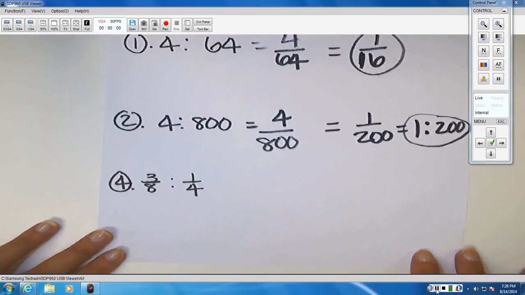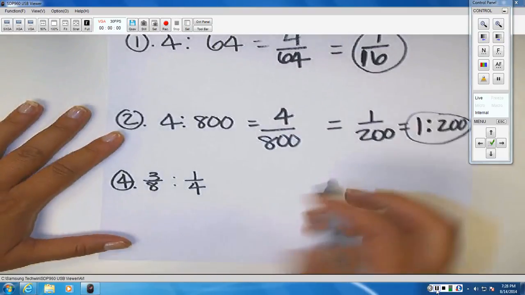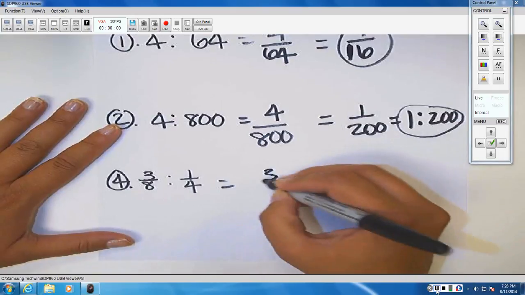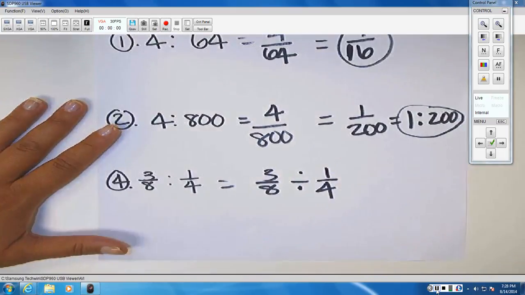Now with this ratio, number 4 from your worksheet, we have 2 fractions that is our ratio. So we're going to have to do a little bit of math here. Basically what we are going to do is we're going to take those fractions and we're going to divide them into each other. I like to set up my equation. It's going to be 3/8 divided by 1/4.